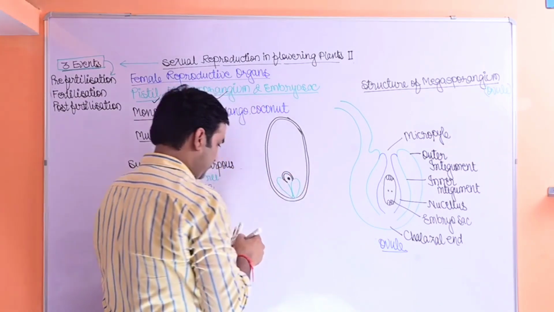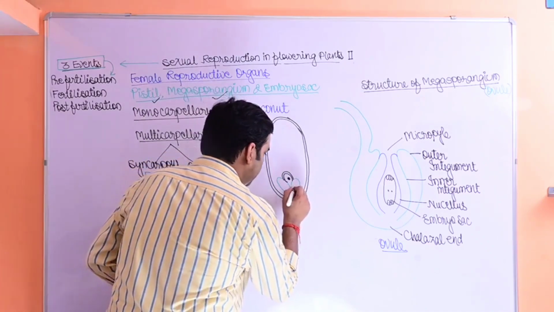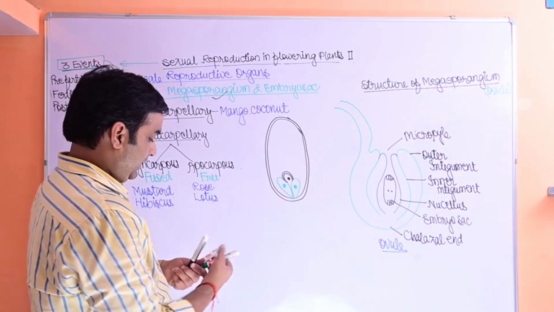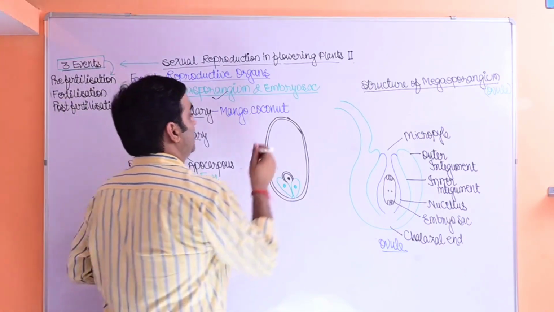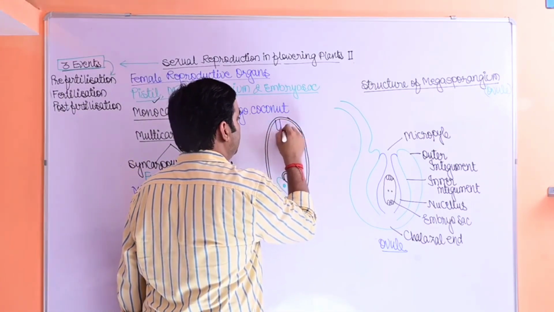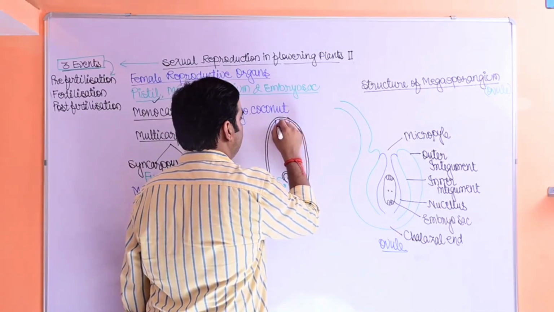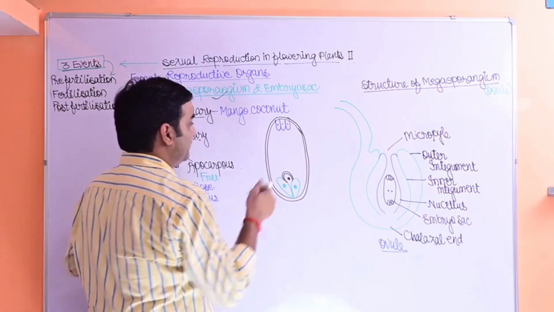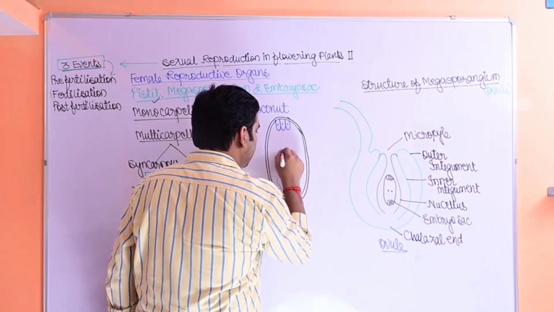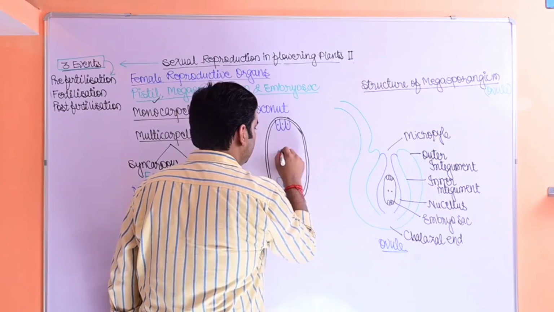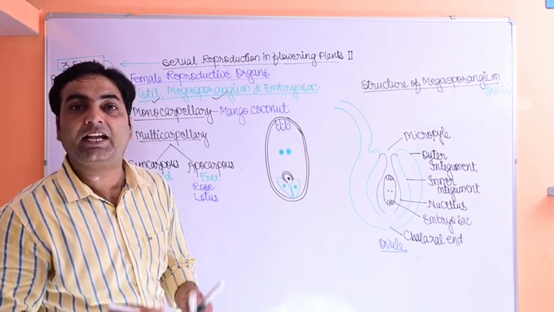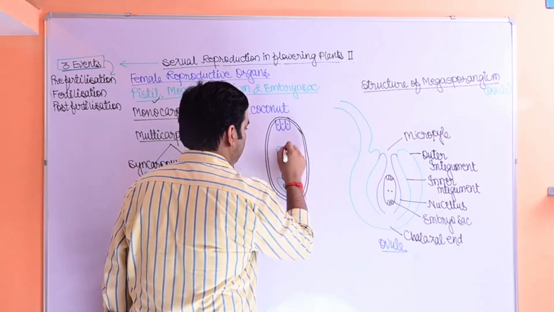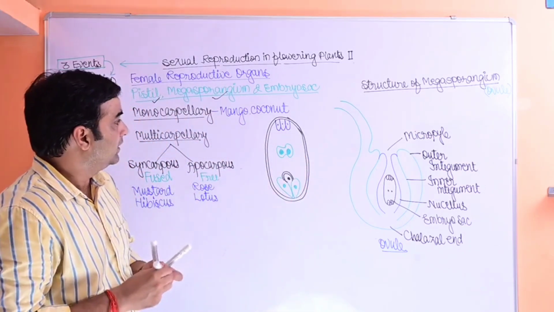Its nucleus is this. This is the nucleus of these two cells, and 3 cells are simultaneously found in a row. It is found here, and in the center of the diagram 2 nuclei are there. Nucleus is singular and nuclei is plural of nucleus. So these 2 nuclei are there inside it.